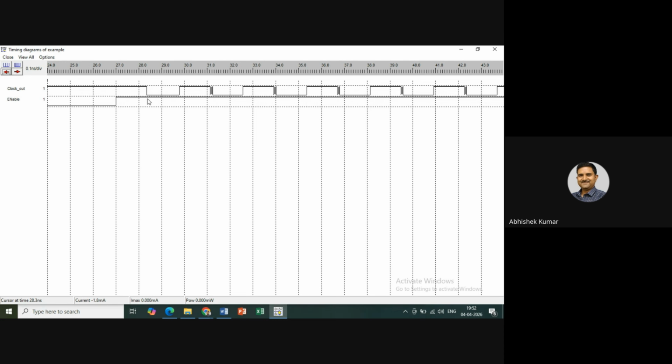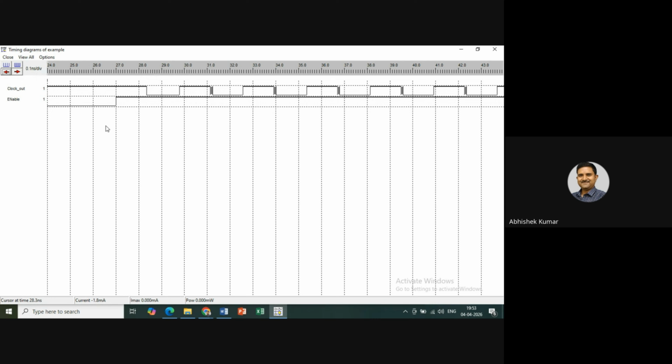So you can take one rough scale: 28.3, here 30, and here we have one complete period at 31.1. So 28.3 to 31.1. How much is the total delay? Around 1.8 nanoseconds. So 1.8 nanoseconds is the total one time period.